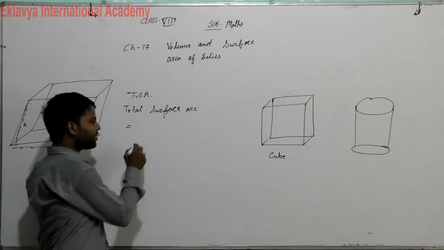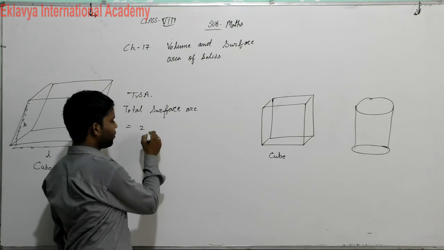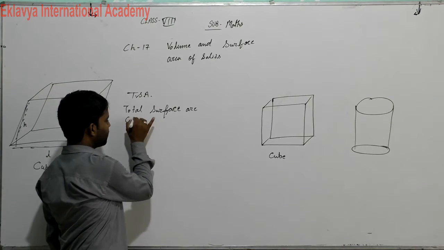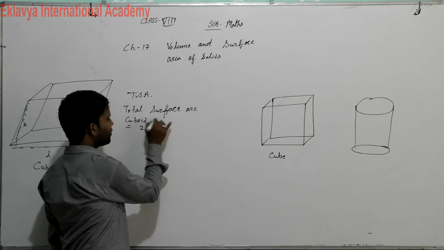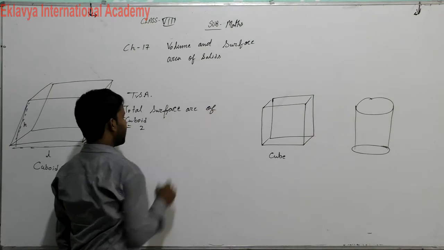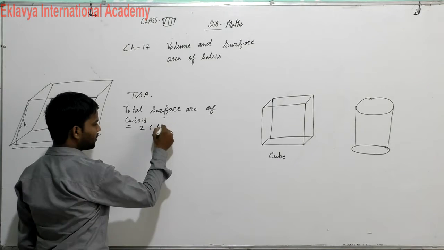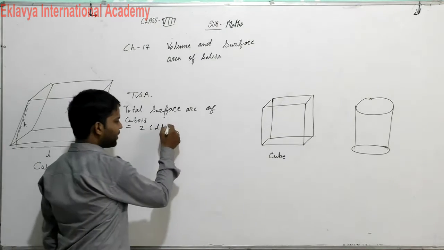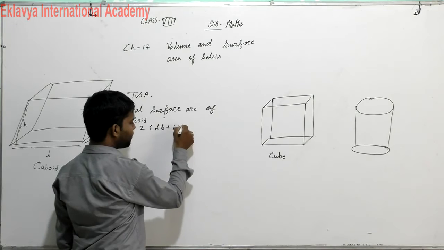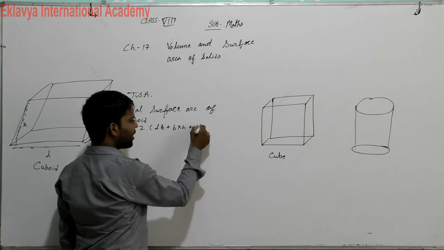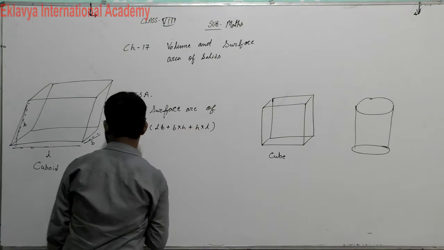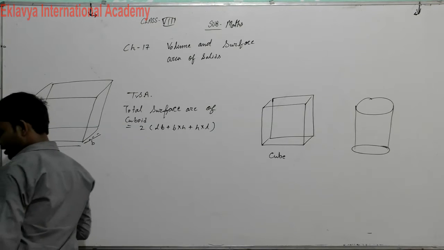So the total surface area of the cuboid is equal to 2 bracket length multiplied by breadth plus breadth multiplied by height plus height multiplied by length. Understand?